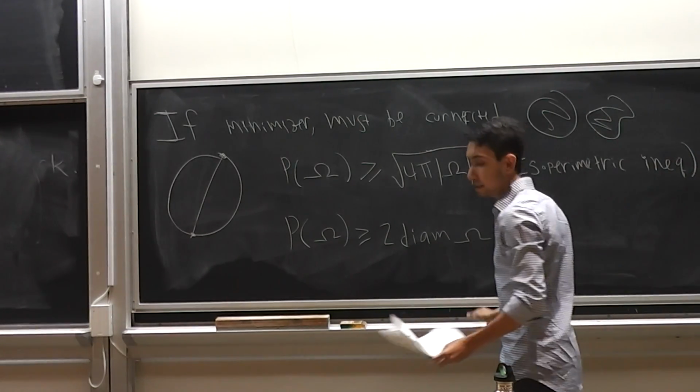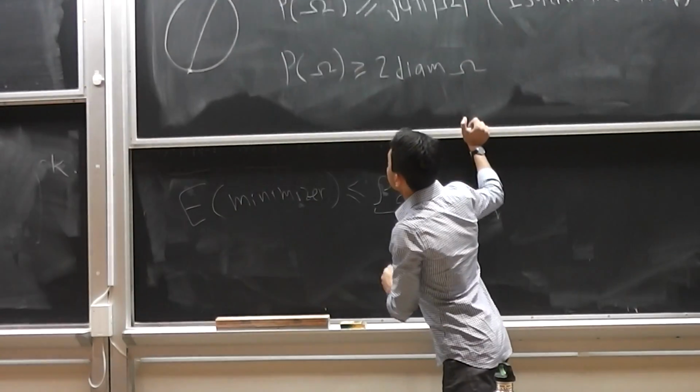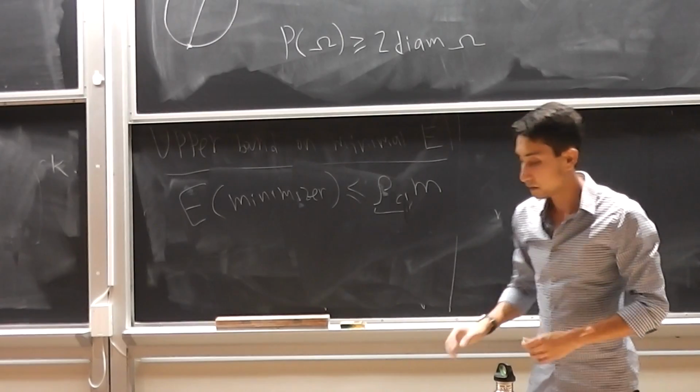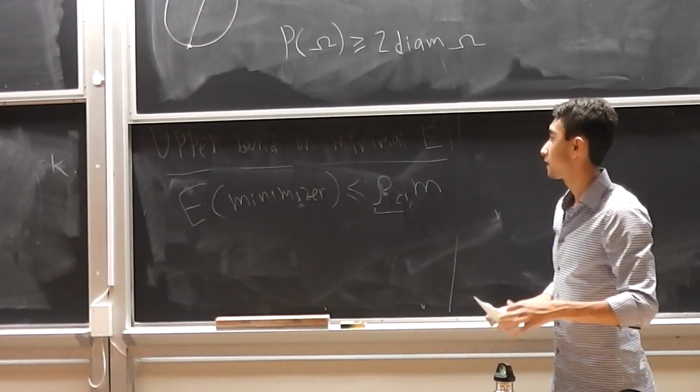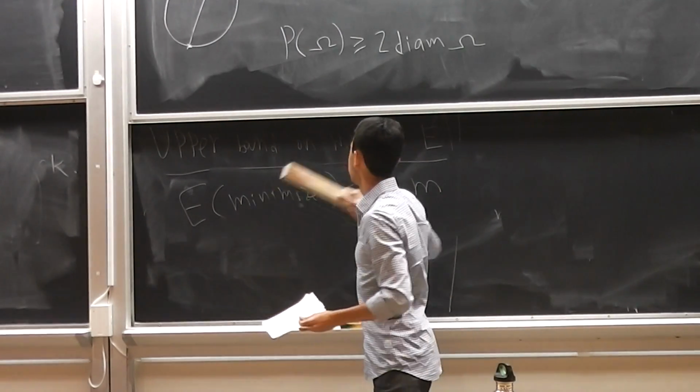Okay, so now we can use these two. We assume that a set is connected, and then we get that for certain parameter regimes, the energy is actually greater than this bound. So that's a contradiction, which means a minimizer doesn't exist.